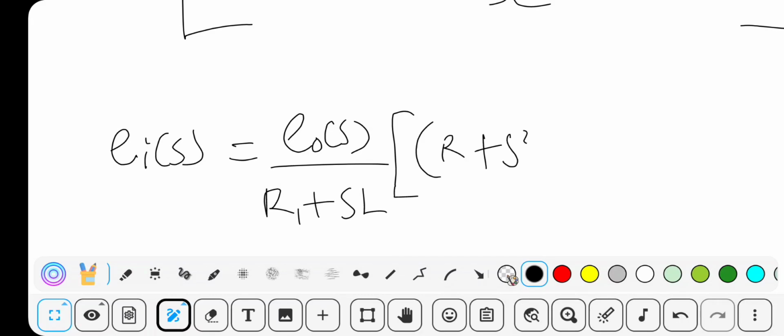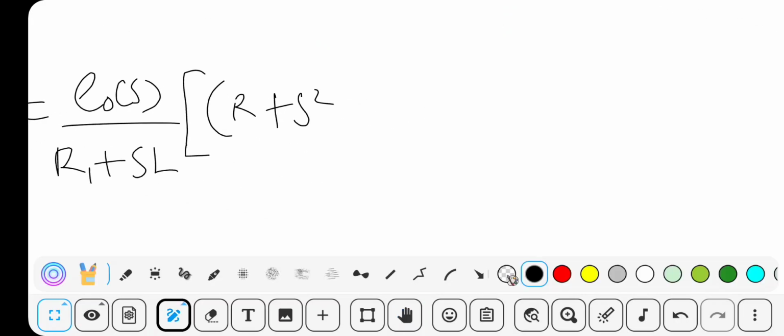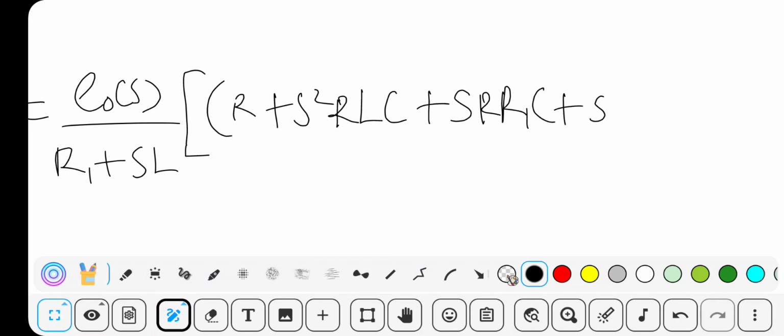Bringing it out and simplifying further, you are going to have this S R1 C plus R1.